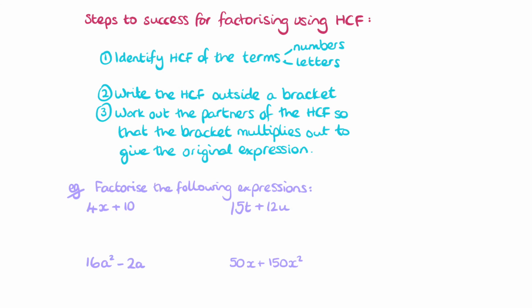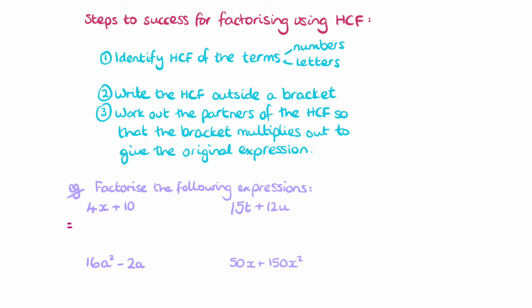So that includes the numbers and the letters. Then, next step, write the highest common factor outside a bracket. And then the last step, work out the partners of the highest common factor so that the bracket multiplies out to give the original expression.